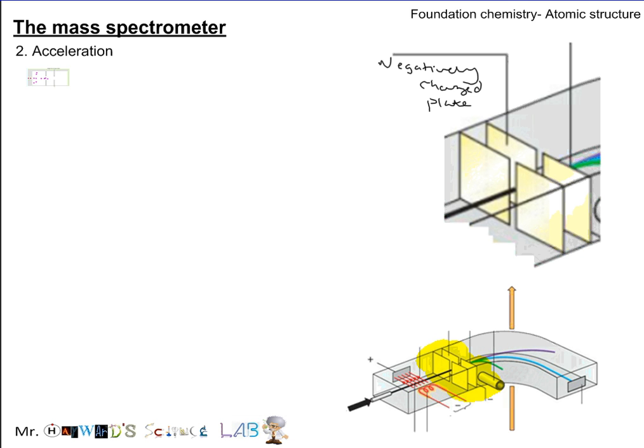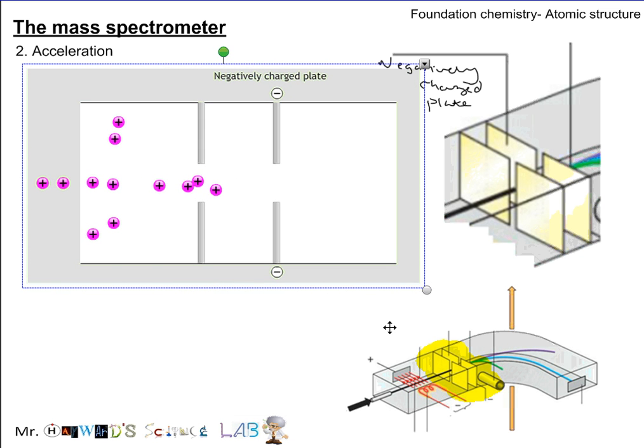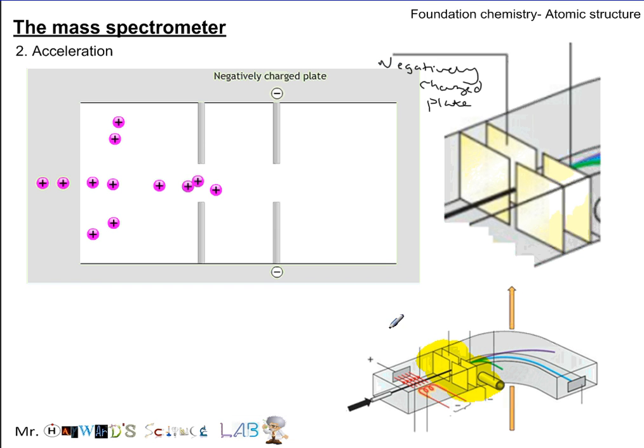So, use this diagram to show. It's going to do two things. First thing, it's going to make them into a narrow stream. So any ions that hit here are not going to pass. They're going to go straight through here.